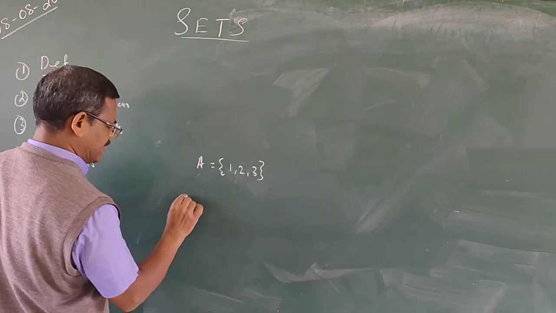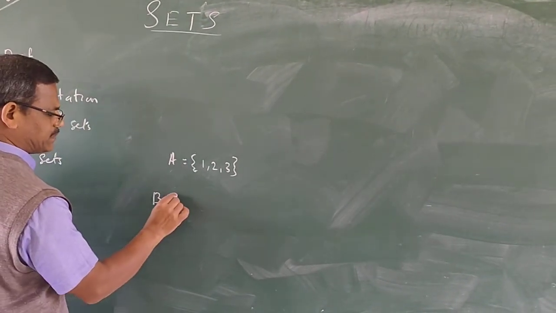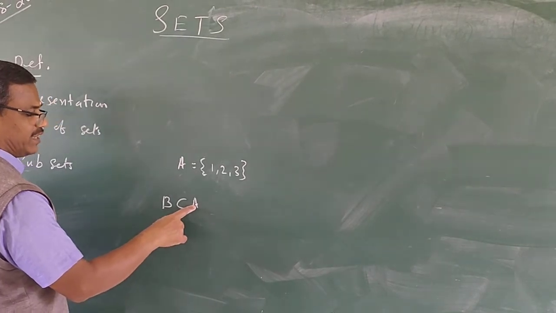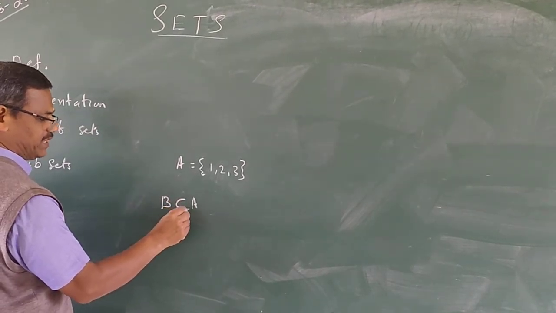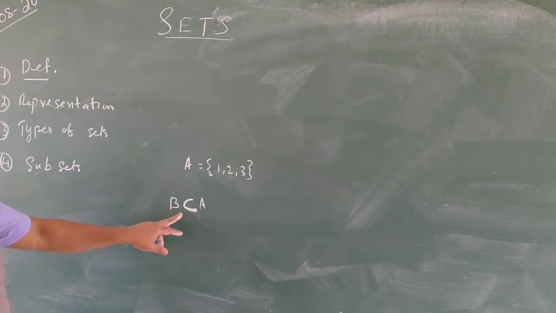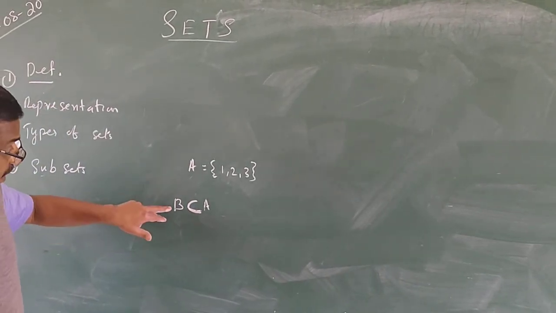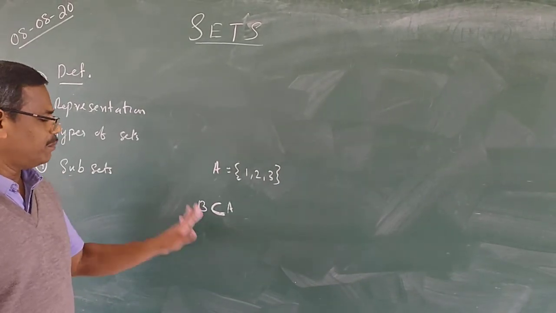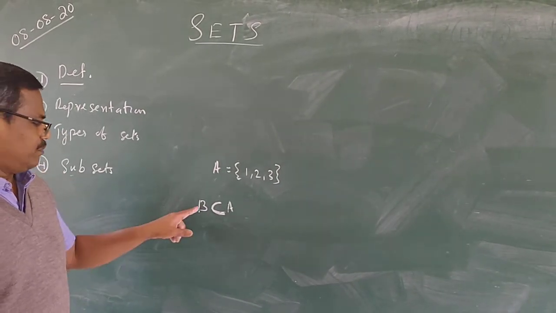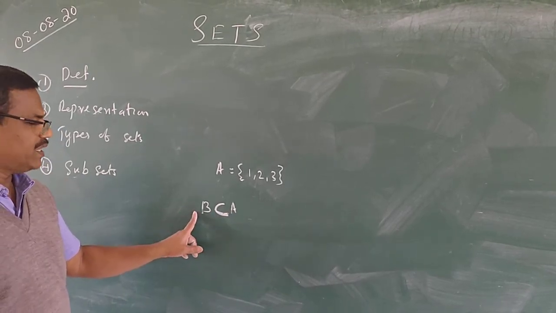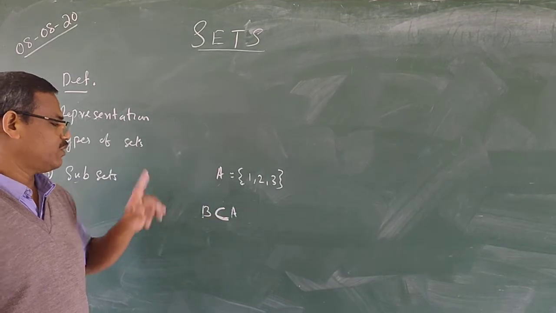We say that a set B is a subset of A, and it is denoted like this: B is a subset of A. This is the notation used for subset. All the elements of B should be elements of A. Then we call B a subset of A.